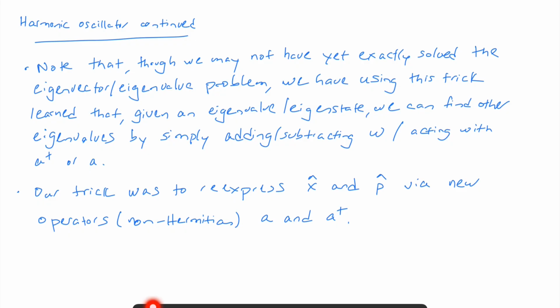We haven't proved that these are the only eigenvectors and eigenvalues, but we're not going to go there. I just want to emphasize that our trick was very helpful here at learning a lot about our system, rather than dealing with these complex Hermite polynomials. And what was the trick? Our trick was to re-express X and P via new operators that were not Hermitian called A and A dagger. Just remember that trick.